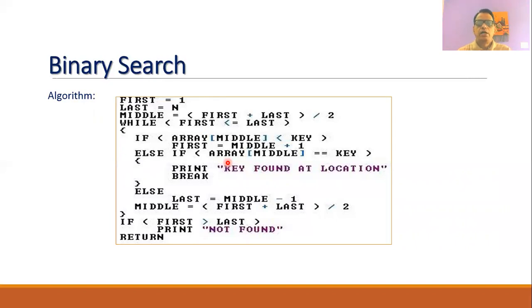If it is equal to the key value, then we can say that there is a successful completion of the searching and the element is found at a particular location, and we will break the loop. Otherwise, we will assign last equal to middle minus 1, and middle is assigned (first plus last) divided by 2. And then we will check if first is greater than last. If it is the case, then we can announce that the element is not present in the list.